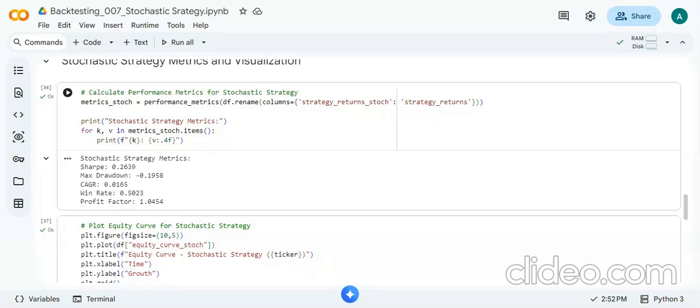Compounded annual growth rate is not really high. We are earning just 1.65%, which is far below passive holding of the S&P 500 index, which on average should give us around 10%. And the win rate actually is just 50%. This means that our strategy is not really winning and not really losing, it is just on the threshold.